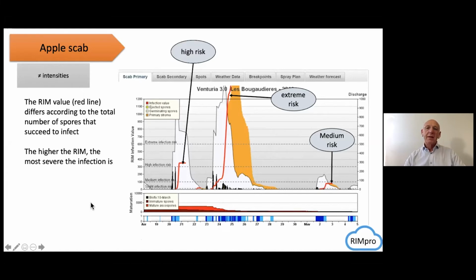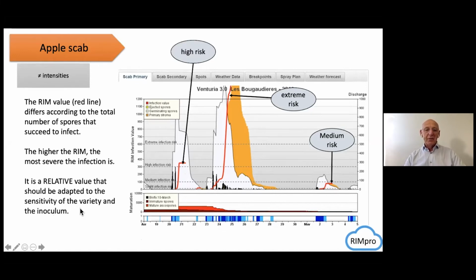And again, in Rimpro, we see high risk. This is a high infection risk, but you've got an extreme risk that's very high. You make sure that you have, for example, the dandelions out before you get that, and then you get the low risk in the end. As you can see, we make a differentiation between high risk and low risk. But again, if you have a low risk, it still can affect your apples.